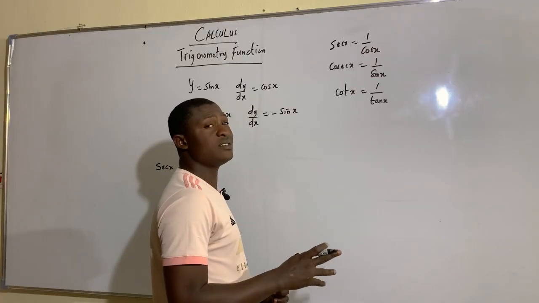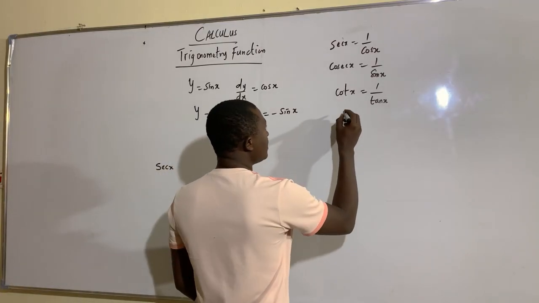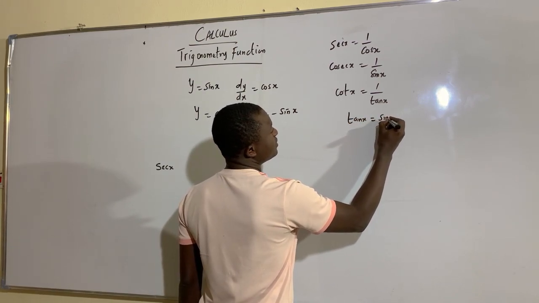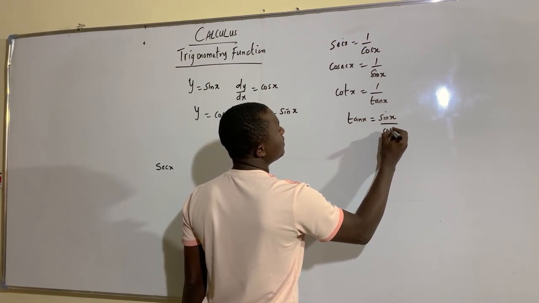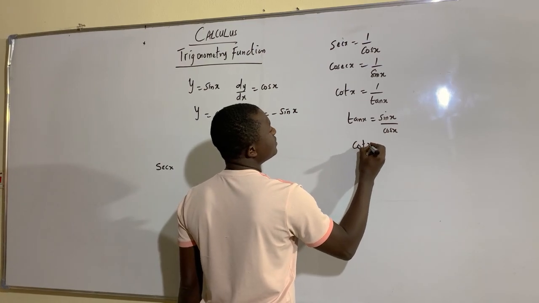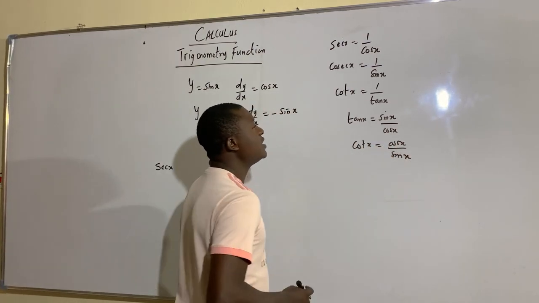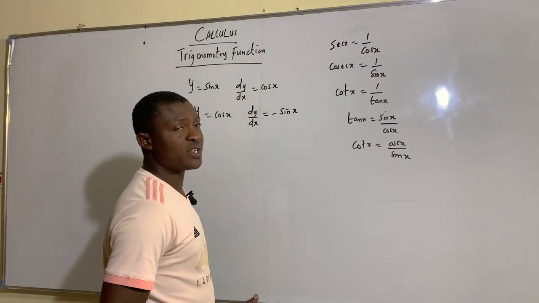All these identities are very, very important. And I told you that tan x is nothing but sin x over cos x, and cot x is cos x over sin x. You can see the way I'm writing all these identities.